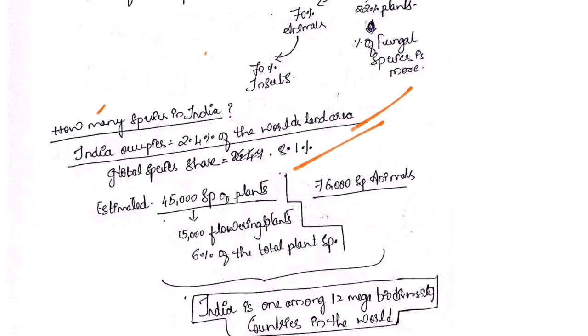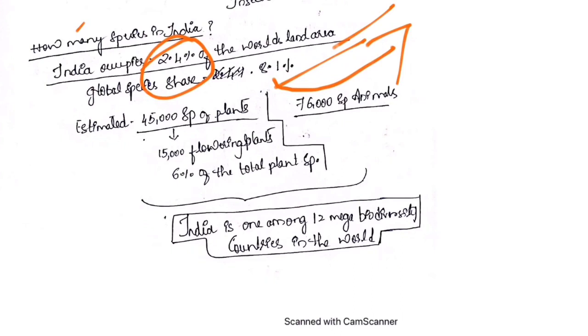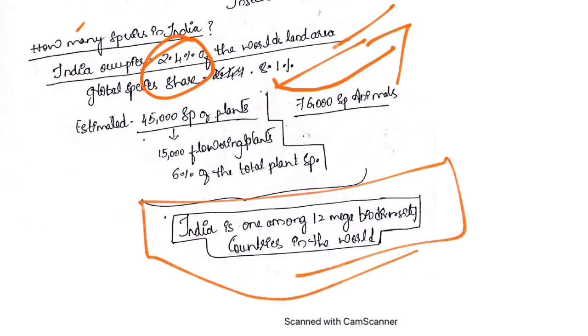Though our area is less, the contribution to species diversity is more. That is why India is one among the 12 mega biodiversity countries in the world. There are around 12 mega biodiversity countries and India is one among them.